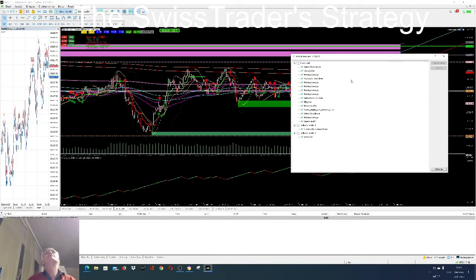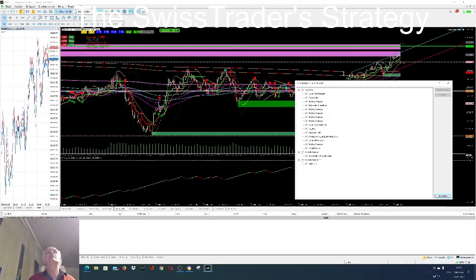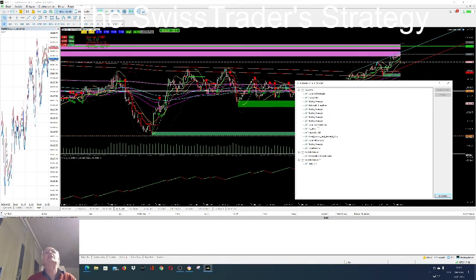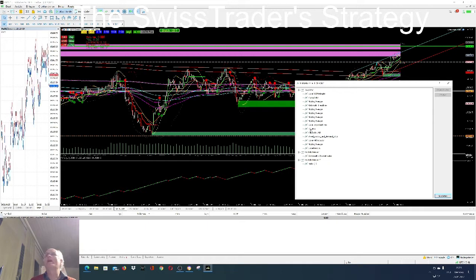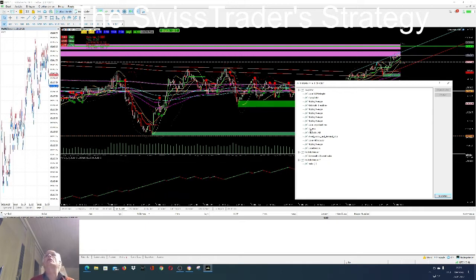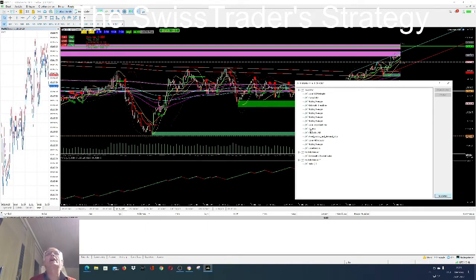And these moving averages I explained already, and the important lines, Swiss important lines, BB EMA, the Bollinger Band with EMAs instead of simple moving averages.